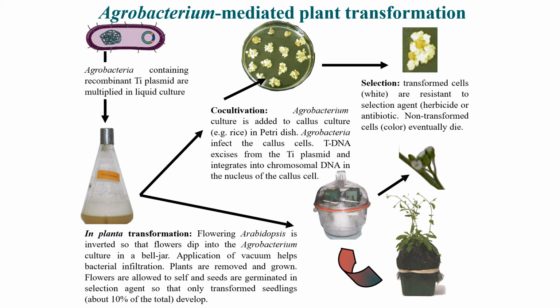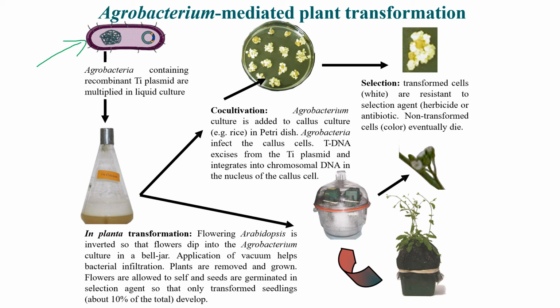Now we can also use another approach for transforming plants or producing transgenic animals, like Agrobacterium-mediated plant transformation, in which Agrobacterium rhizogenes or Agrobacterium tumefaciens, these two organisms, are generally used.